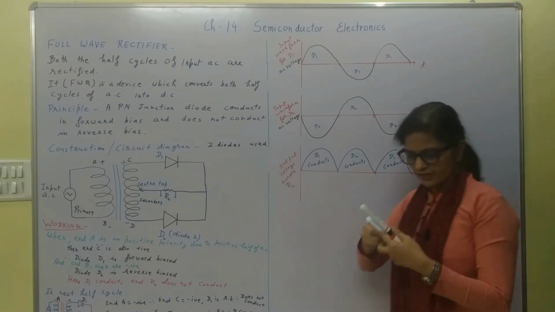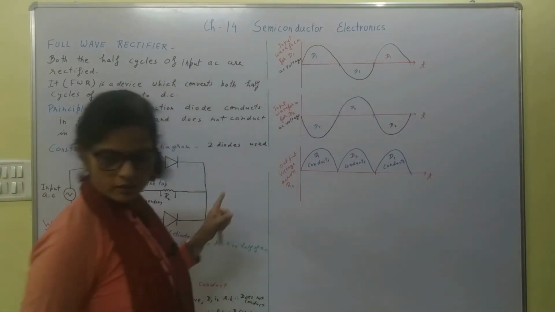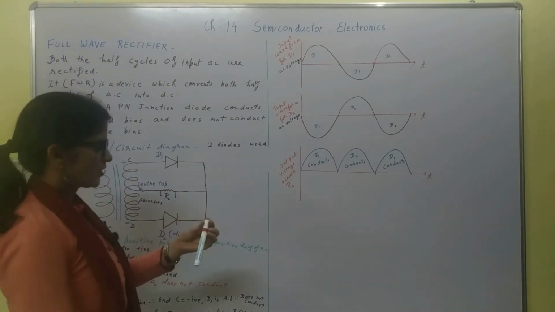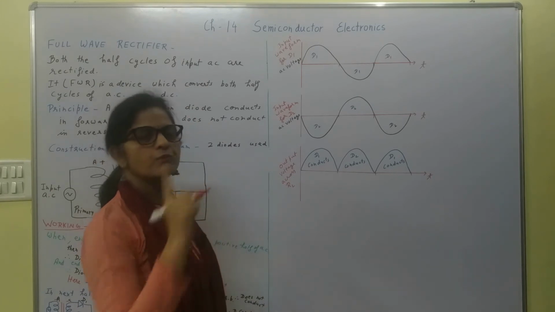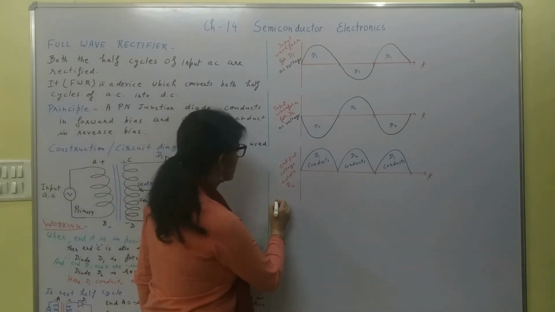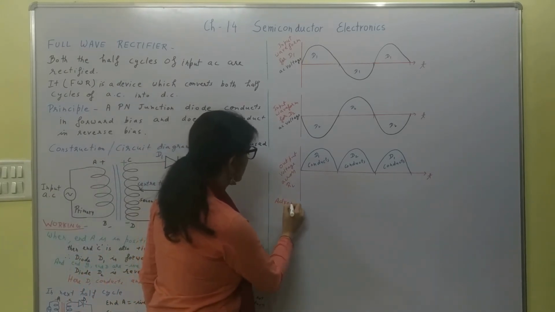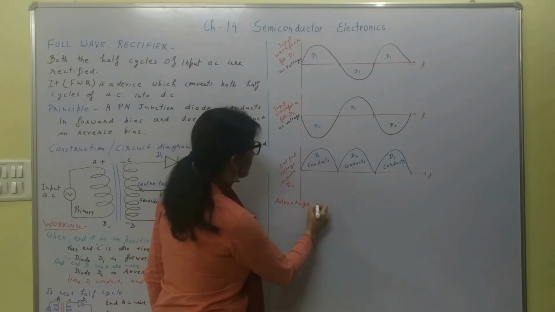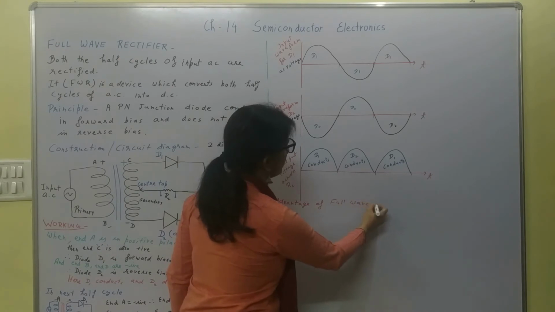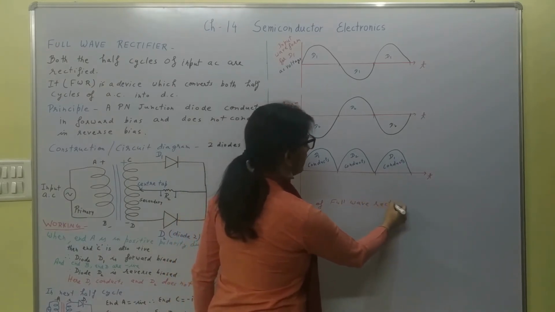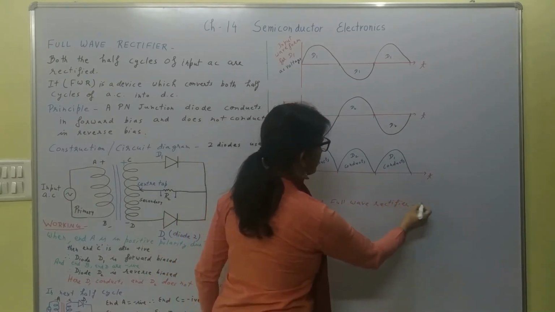So what is the advantage over here? The advantage is that it rectifies both the half cycles of AC. So this is the advantage of the full wave rectifier.